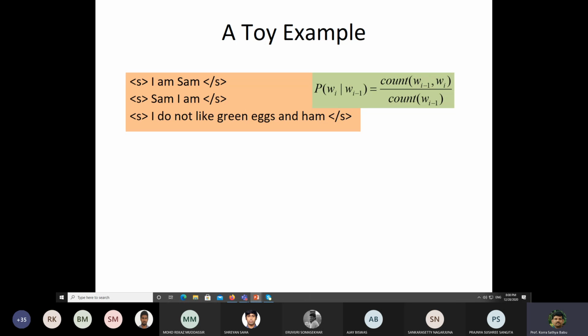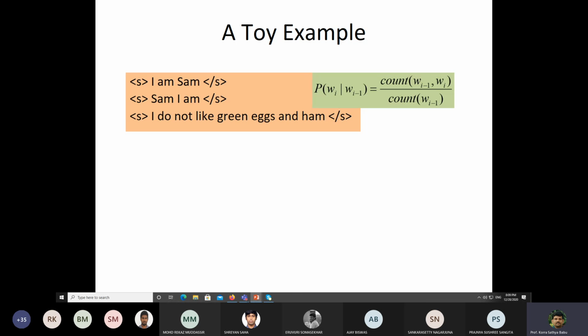For example: "<s> I am Sam </s>", "<s> Sam I am </s>", and "<s> I do not like green eggs and ham </s>". Please take this as the data set.